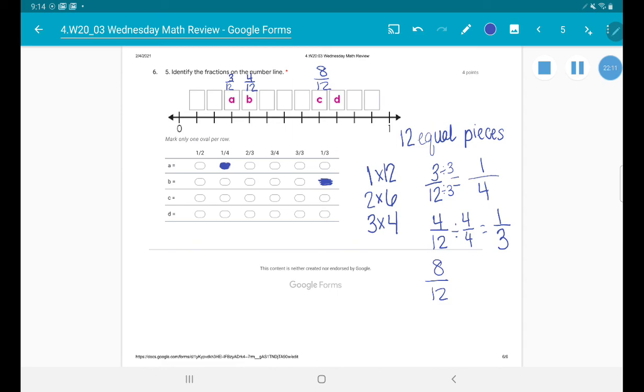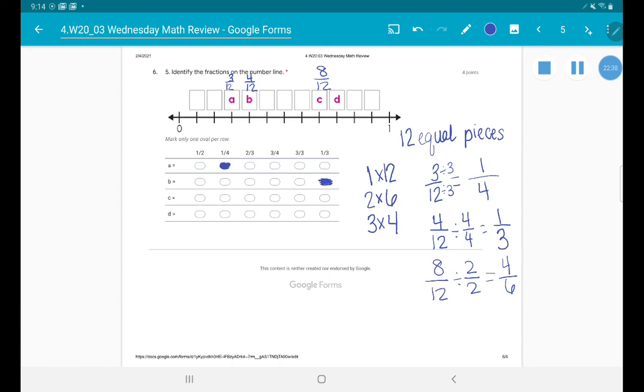Can I do 2? Yeah. Let's see what happens with 2. 8/12 divided by 2/2. 8 divided by 2 is 4. And 12 divided by 2 is 6. Okay? So 8/12 equals 4/6.